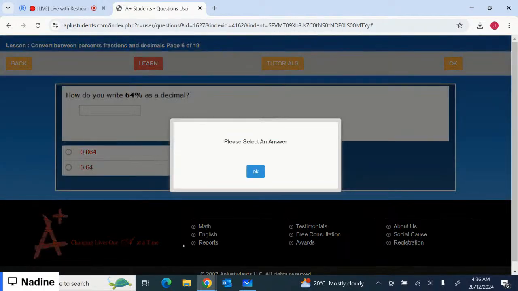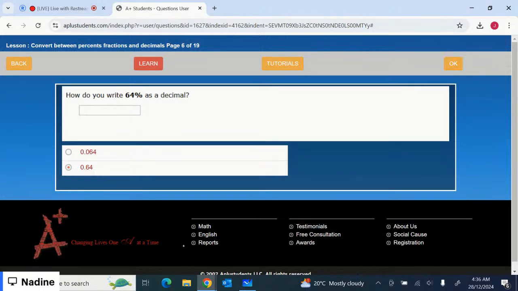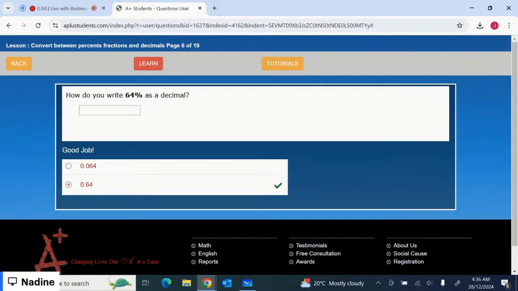You need to divide it by 100. That is 0.64. Option number 2 is the correct option.